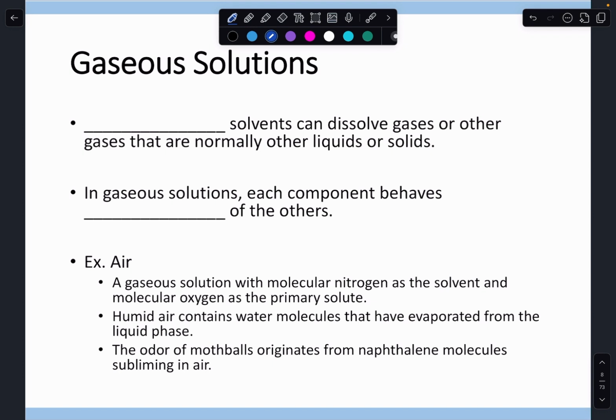So gaseous solvents can dissolve gases, or they can dissolve other gases that are normally liquids or solids. Hopefully the examples will help clarify that. But in gaseous solutions, each component behaves independently of the others.